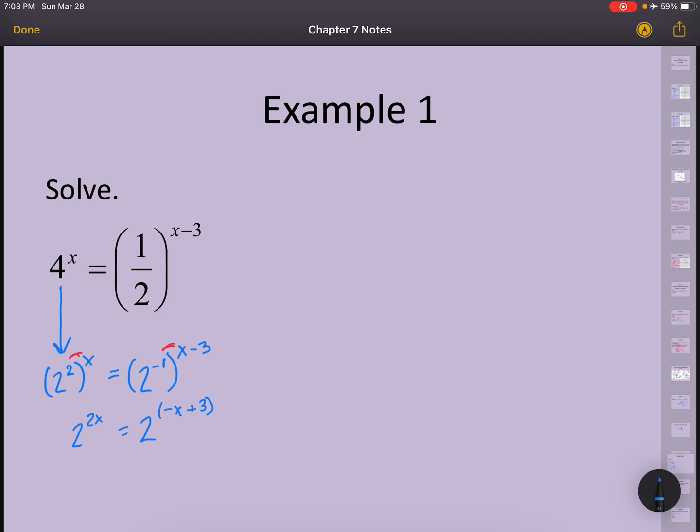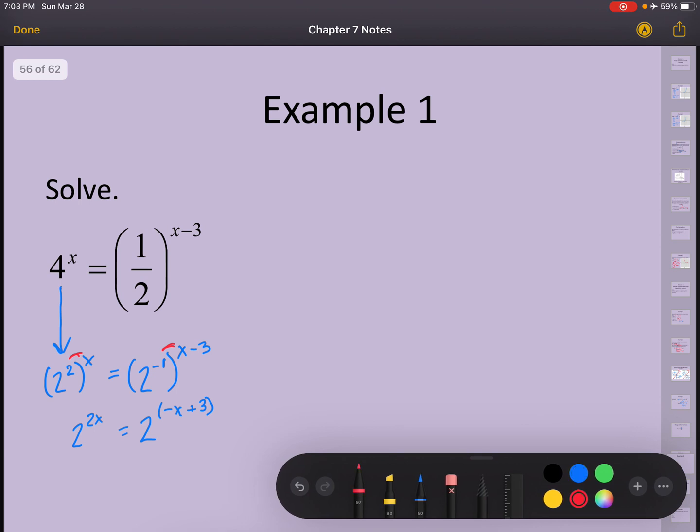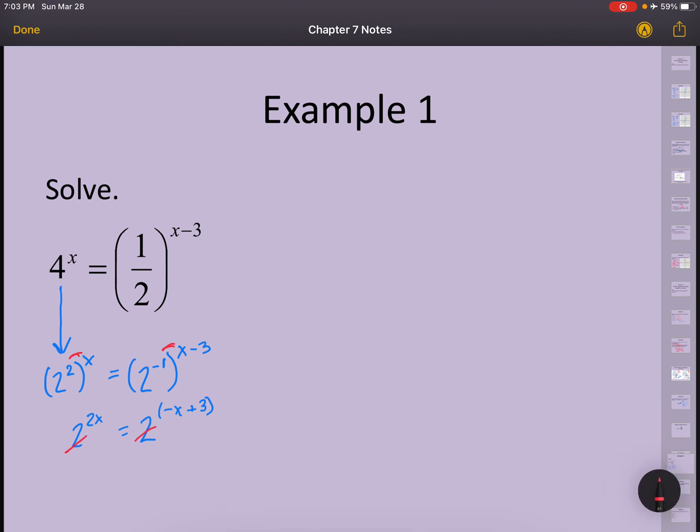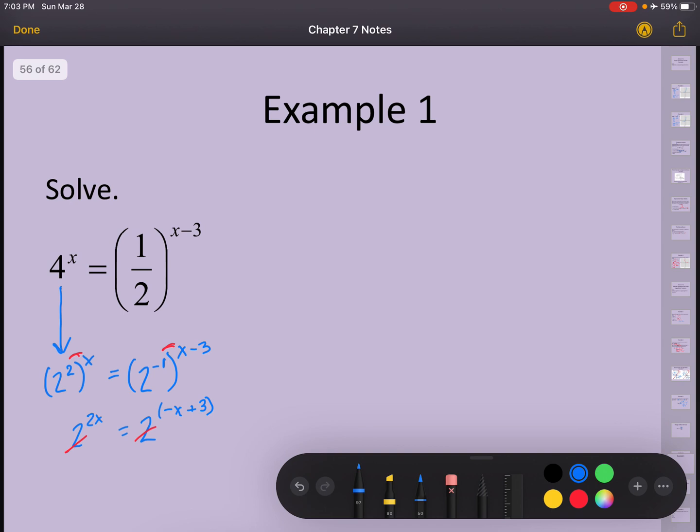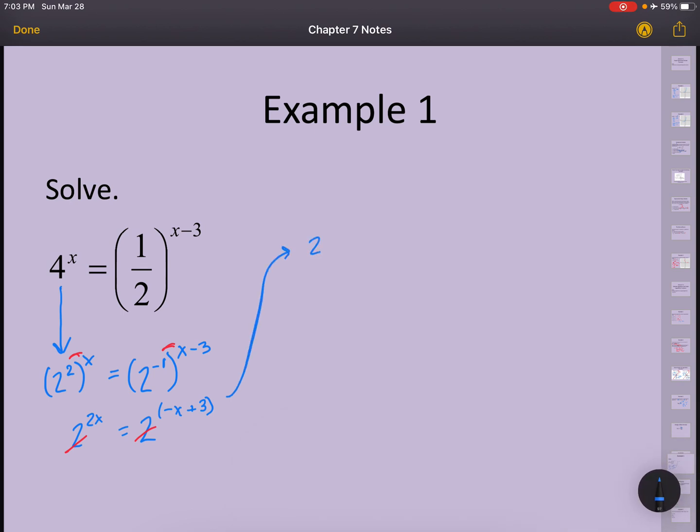Now we definitely have two bases of 2's, and from that property of equality for exponential equations, we can ignore the bases of 2 and set the exponents equal to one another. So if I take the exponents out, I get 2x equals negative x plus 3.